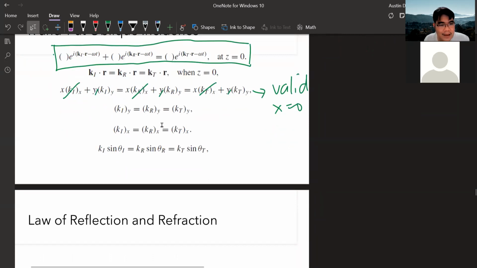And if we let y equal to 0, we notice that the relationship of KR, KI, KT is all in one direction.